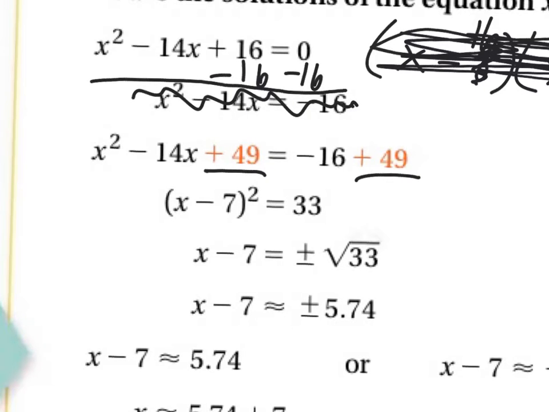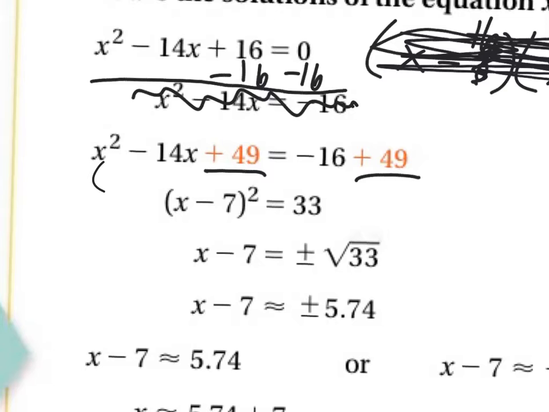So half of negative 14 would be negative 7. And if you square that, would be a positive 49. Or realistically, if you want to, you can just ignore the negative sign because we're squaring it anyway, right? So half of 14 is 7. If you square it, it's 49. So add 49 on both sides.